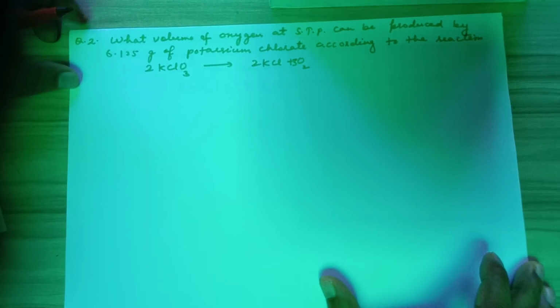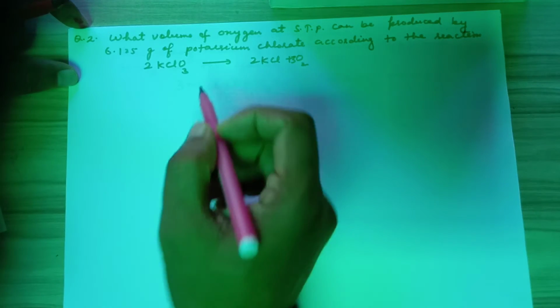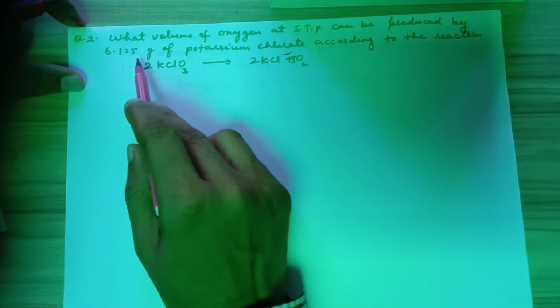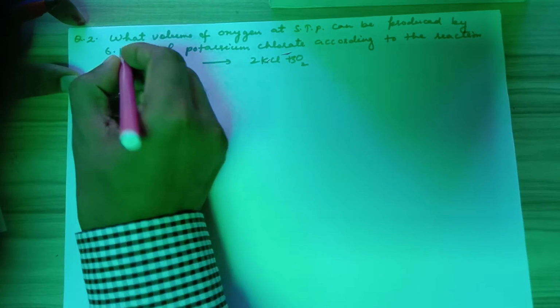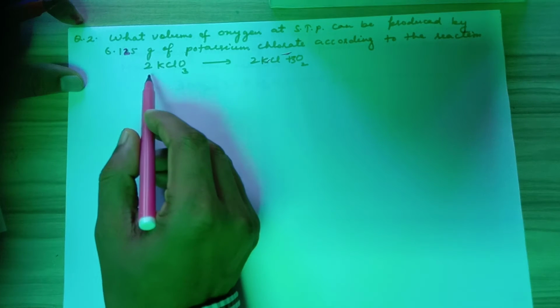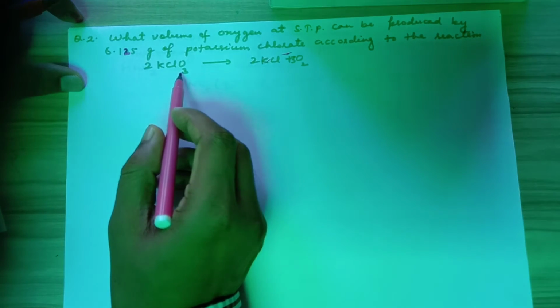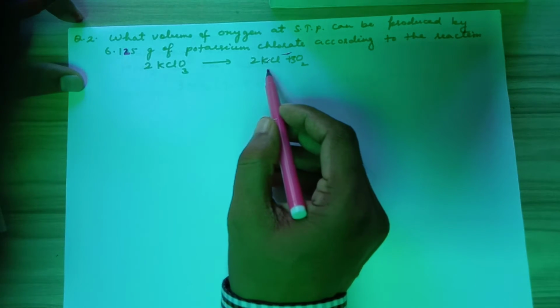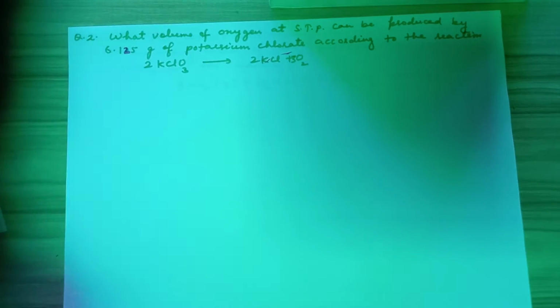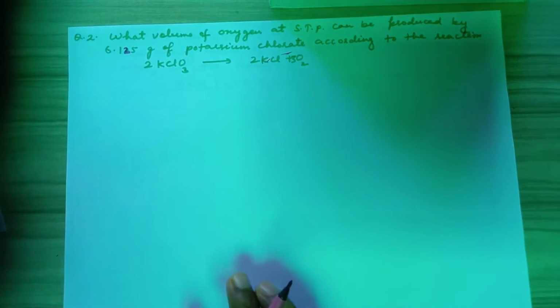The second question is, what volume of oxygen at STP can be produced by 6.125 gram of potassium chlorate according to the reaction? So 2 mole of potassium chlorate reacts to give 2 mole of potassium chloride and 3 moles of oxygen molecules, dioxygen.